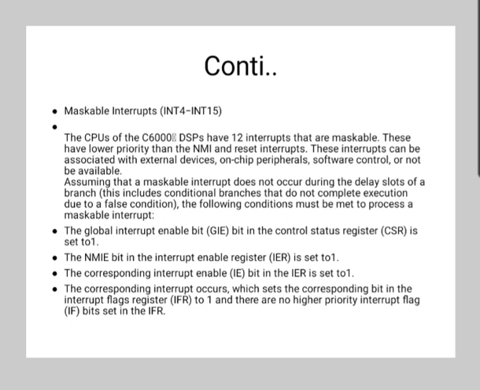The first one is the global interrupt enable bit in the control status register is set to 1. The NMIE bit in the interrupt enable register is set to 1. The corresponding interrupt enable bit in the IER is set to 1, the corresponding interrupt occurs which sets the corresponding bit in the interrupt flag register to 1, and there are no higher priority interrupt flag bits set in the IFR.